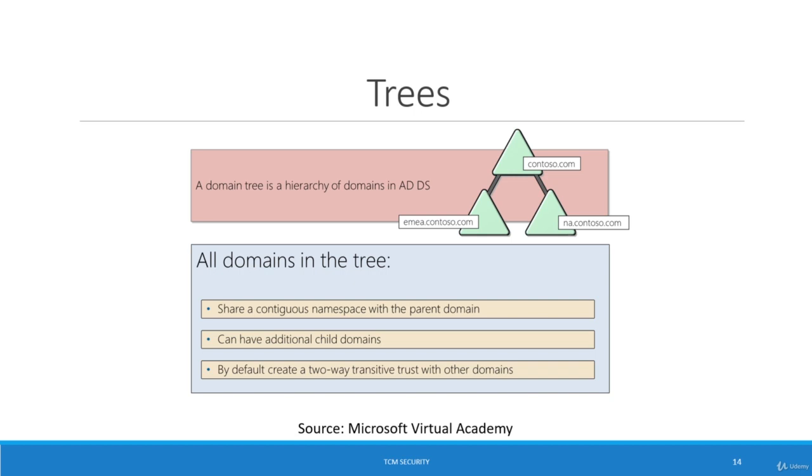We have a division in North America, so we've got na.contoso.com, and then we have the European one, emea.contoso.com. So when we have trees, we have this parent, and then we've got these children when it comes to domains. And they have what is called a trust with them that is two-way transitive. We'll talk about trust in just a little bit. But just know that you have the parent, and then you have the children, and they share a namespace, and they share some trust between them.